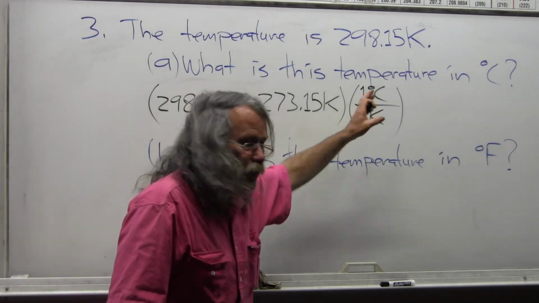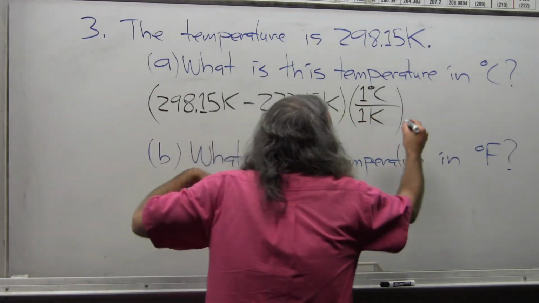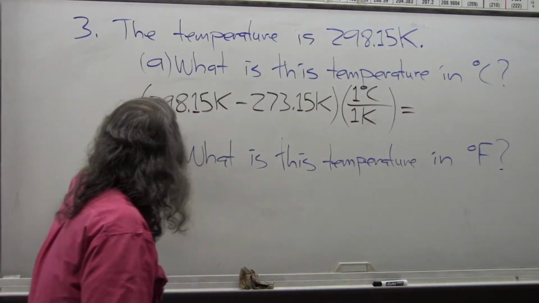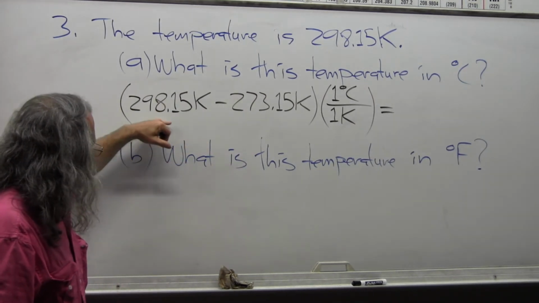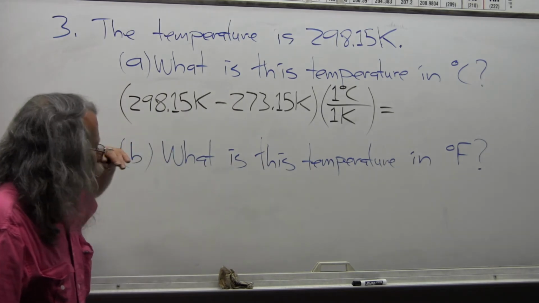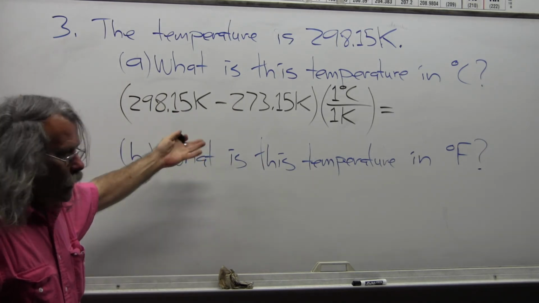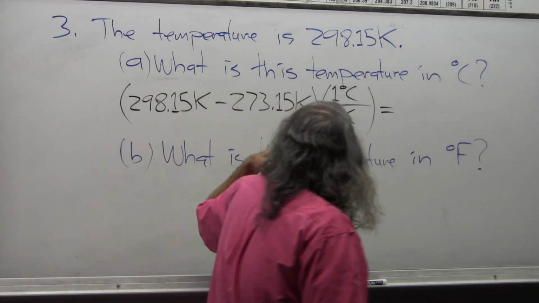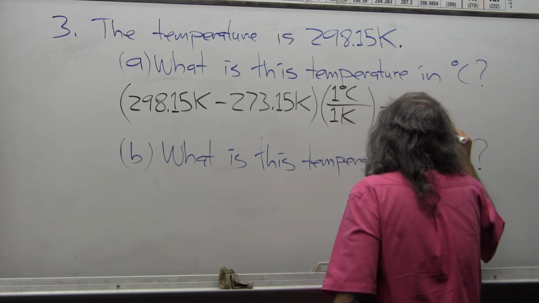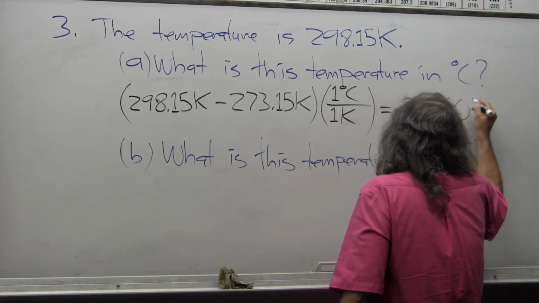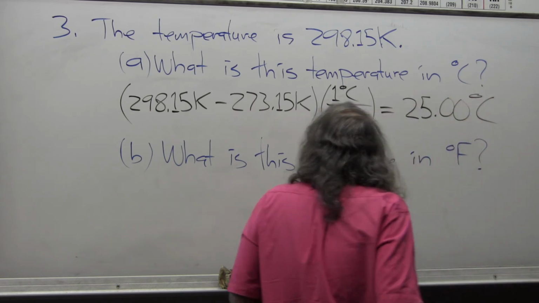We just now have to make sure that we're in the right units. And this turns out to be 298 minus 273, which is 25. And now we're going to have to include the significant figures in our answer.